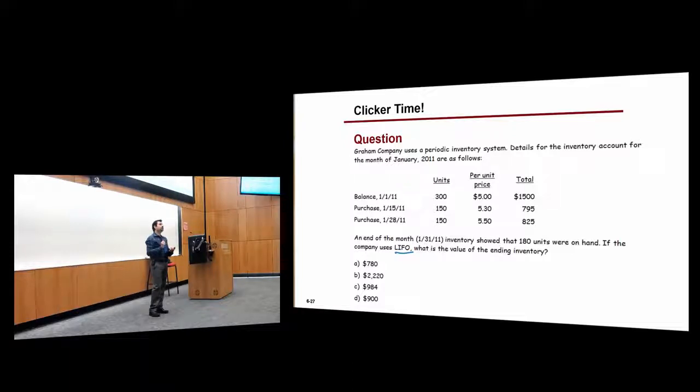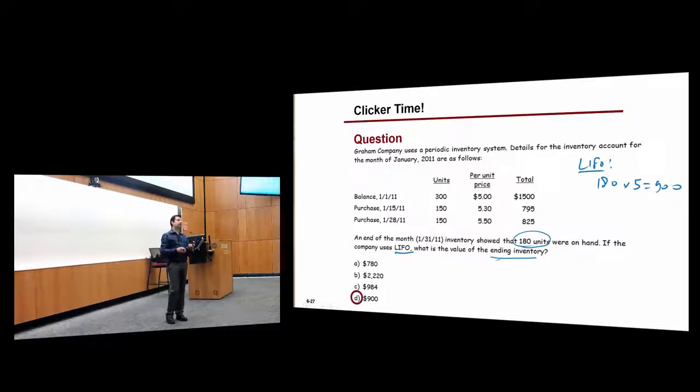So to calculate ending inventory, they are asking you for the value of ending inventory, you start from the earliest ones first, right? So in this case, how many remain? 180 units. It's very simple. Under LIFO, it will be 180. You can take them all from which batch? The first one. So it will be 180 multiplied by 5. That's equal to 900. So that's the correct answer.